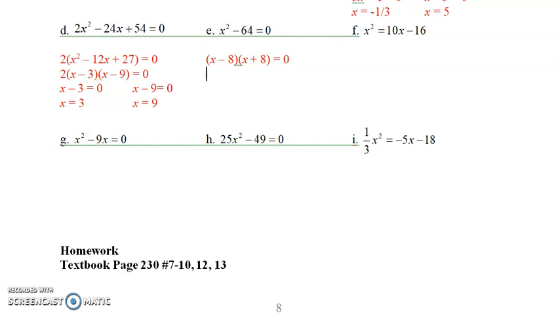So you can set both factors equal to 0 at this point if you wish, or you can just say that x is equal to plus or minus 8. It's up to you. I'm just showing each step. Some people could skip this last step. And then I would say that x is equal to positive 8 right here, and x is equal to negative 8, right?